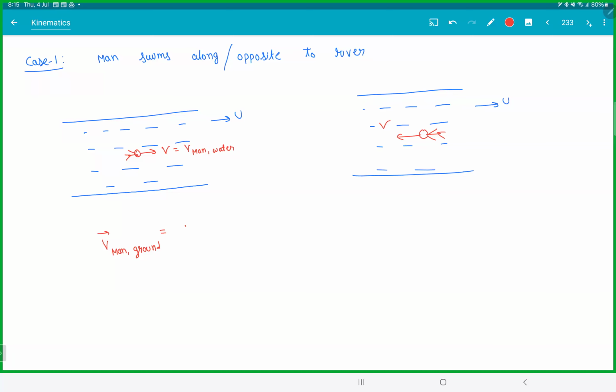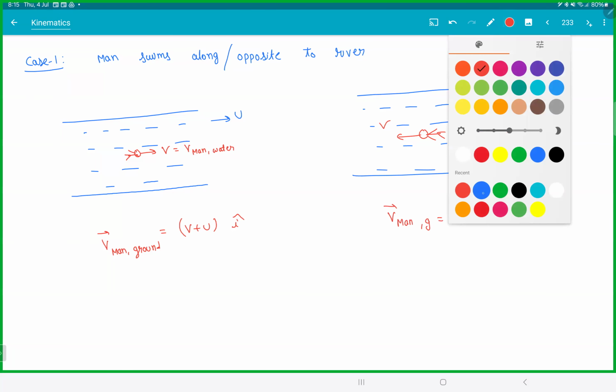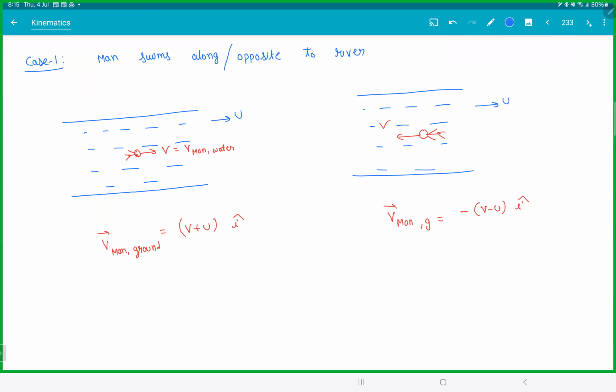So this would be V plus U i cap. Your speed actually bumps up. And here, if you look at the velocity of the man with respect to the ground, assuming the man is going faster, it will be V minus U i cap. If U is greater than V, you'll get a minus, meaning the man is going to the right. Is this making sense? Upstream and downstream, meaning when you're going with the river and opposite to the river, your speed simply adds up and subtracts.